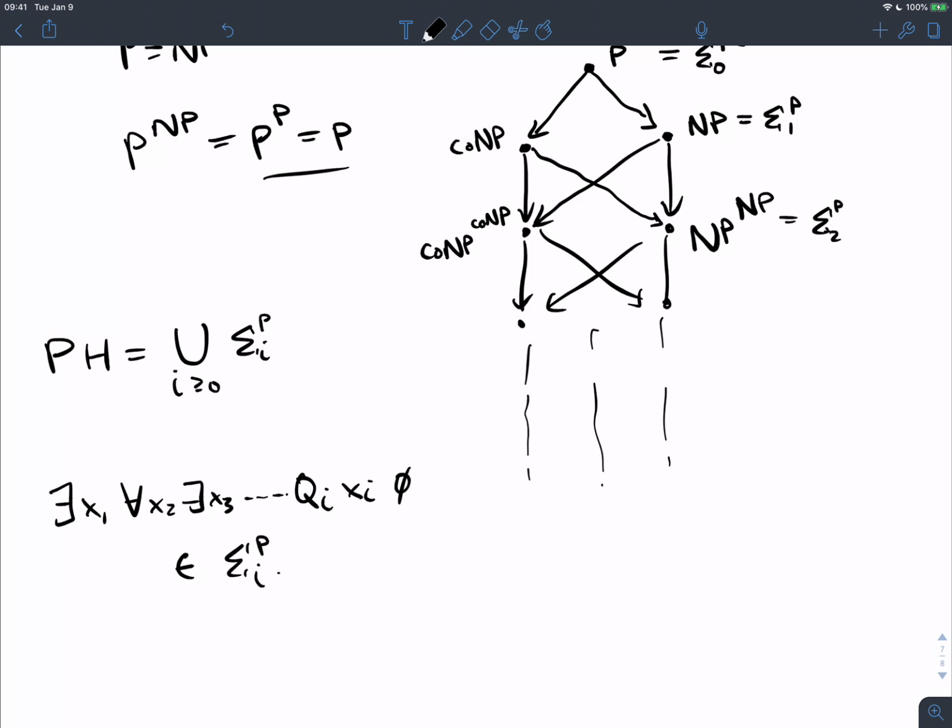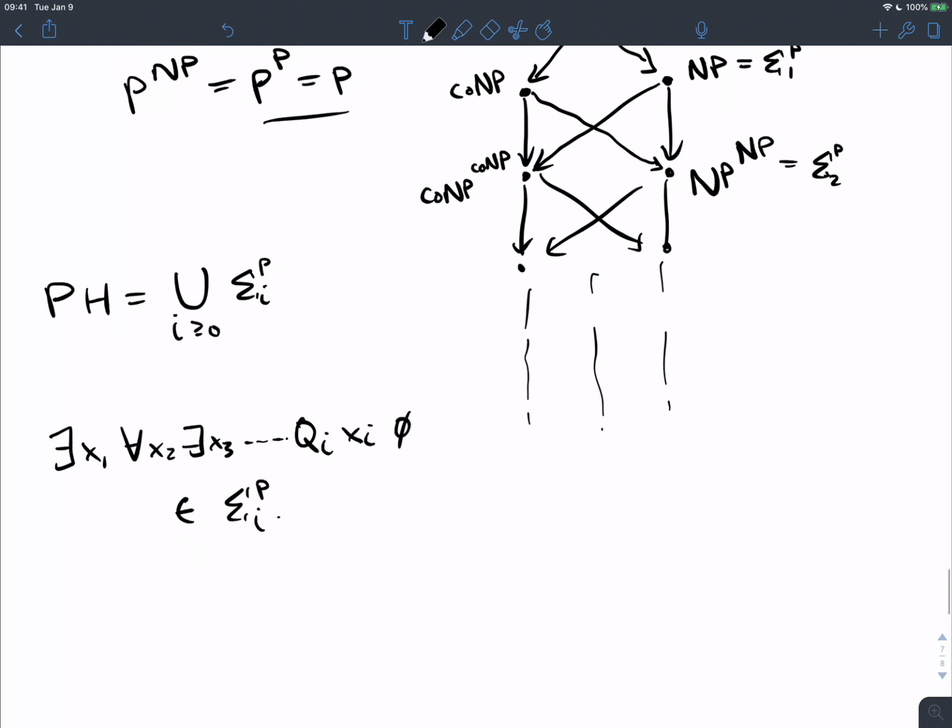Therefore it's in sigma i to the P, because you have i minus 1 oracles, and then you just run each of them on that.